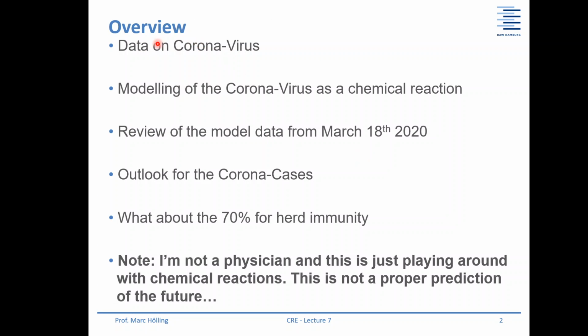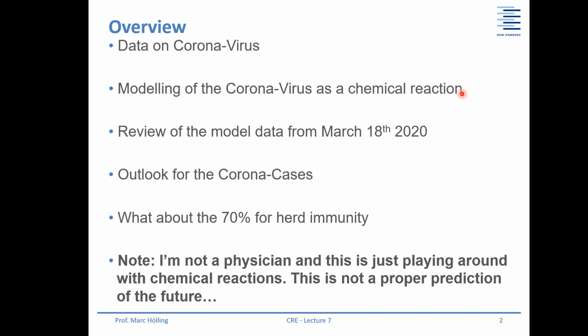Okay, let's start with some data sources, and then I explained to you last time how to model the coronavirus as a chemical reaction. So basically it was like an autocatalytic reaction with a consecutive reaction.